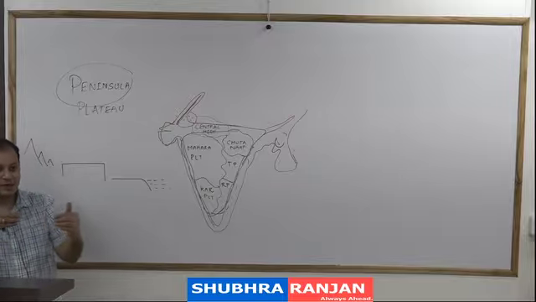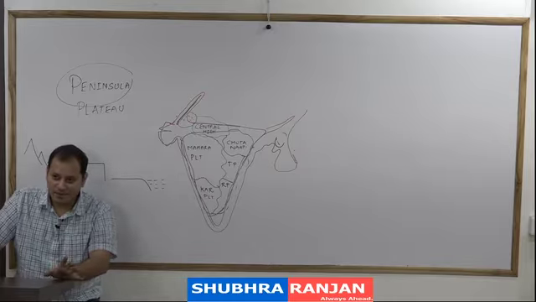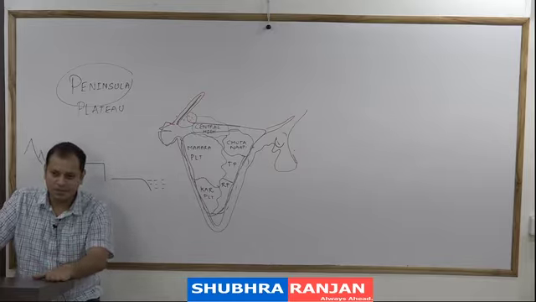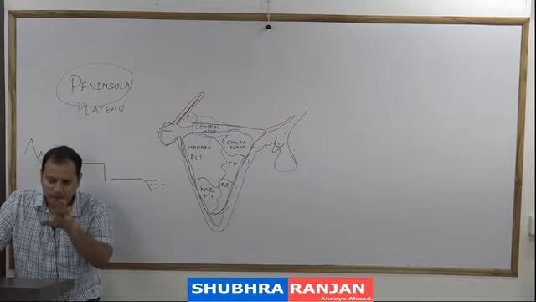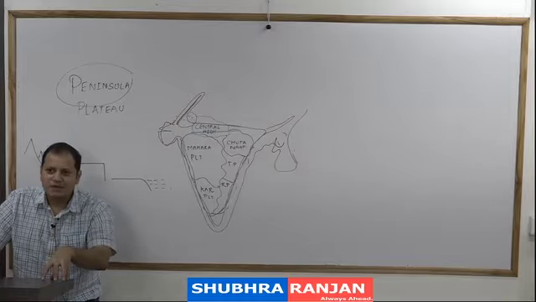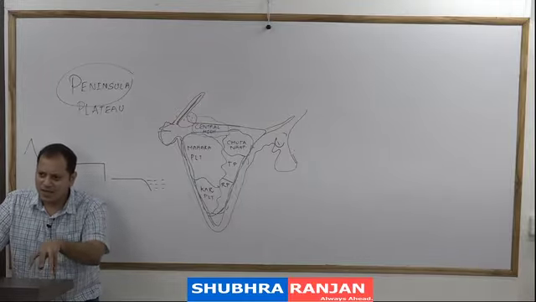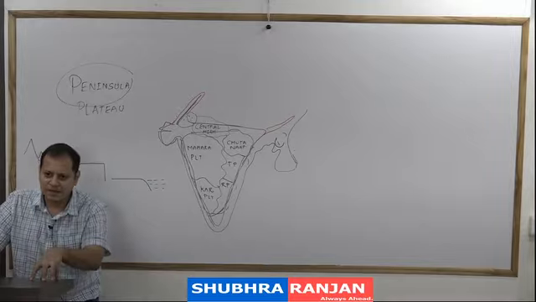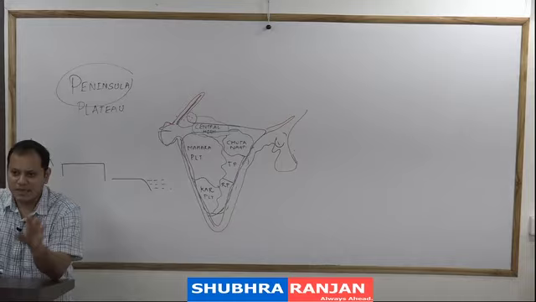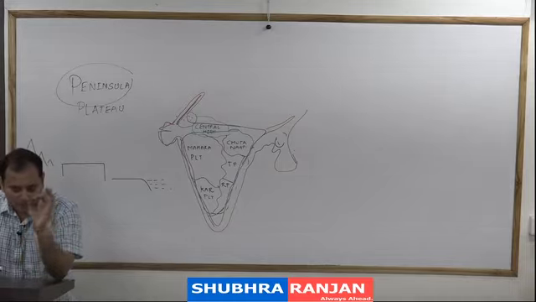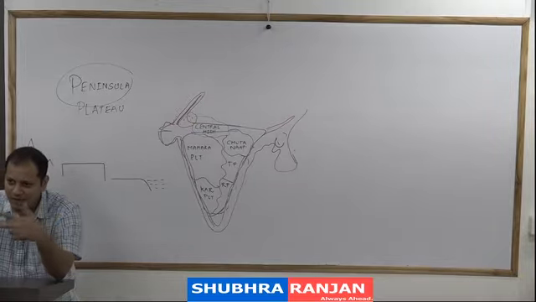Then you have to integrate it with the knowledge of geography and make a final answer in the main examination in 7 minutes and complete the answer in 200 words. 20 questions. 20 questions में से if you can write around 17 questions, 3 क्वेश्चन इनकम्प्लीट रह गए. नेक्स्ट पेपर गए फिर से 3 क्वेश्चन इनकम्प्लीट रह गए. ऐसे 4 जीएस के 4 पेपर में हर एक में 3-3 क्वेश्चन इनकम्प्लीट रह गए. You are out of the race for that year. Remember this. Competition is very very tough in mains. So वहाँ पे over the period of time you will have to develop the answer writing skill, thinking skill and taking out the information.